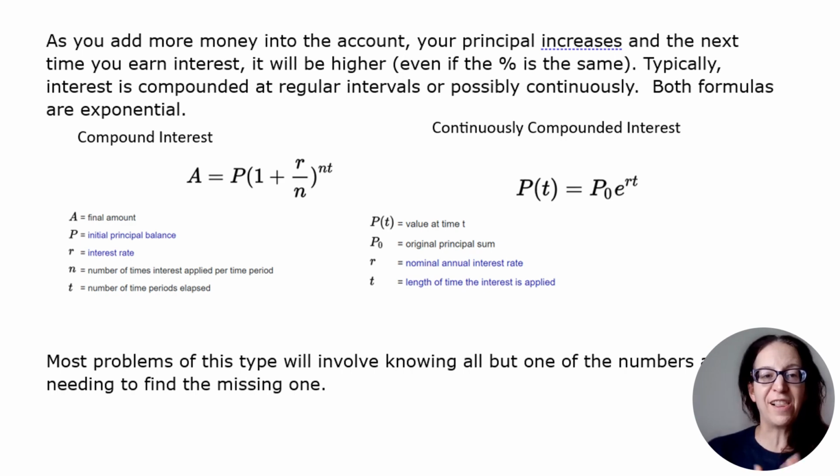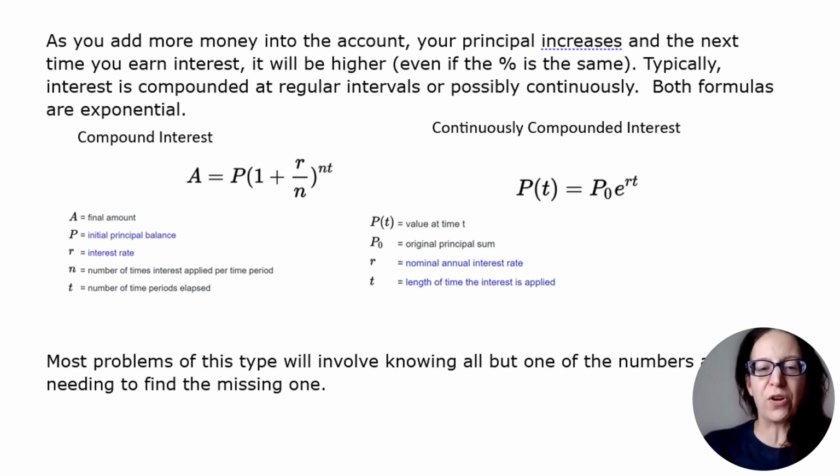And then you've got this lovely exponential there, 1 plus r over n, and then all of that is raised to the nt. Now, it's the parentheses that are being raised, not the principal. So you do want to remember that. r is the interest rate as a decimal, n is the number of times the interest is applied per time period, and t is the number of time periods that have elapsed. And so the nt is the total number of compounding periods that you have.